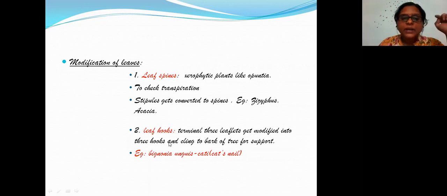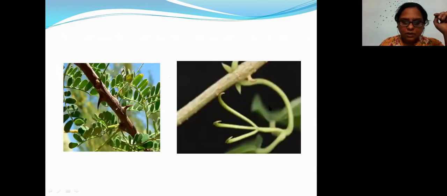In the same way, in the leaf, it is called leaf hooks. Bignonia unguis-cati: please keep this name in your mind. It is called cat's nail. Have you seen a cat's nail? It will be like this. So this plant is called cat's nail. You can see the picture here.